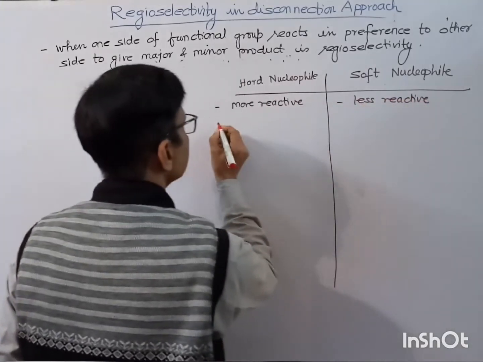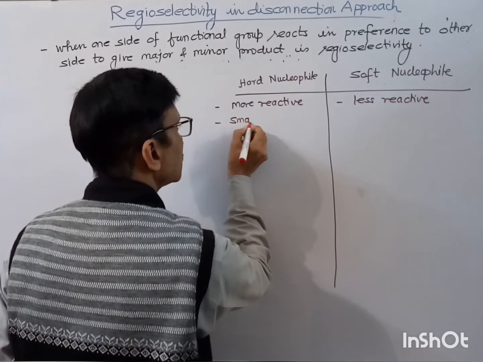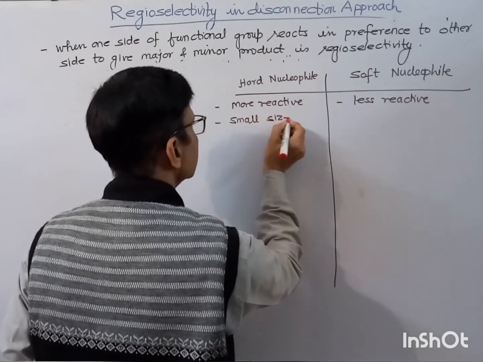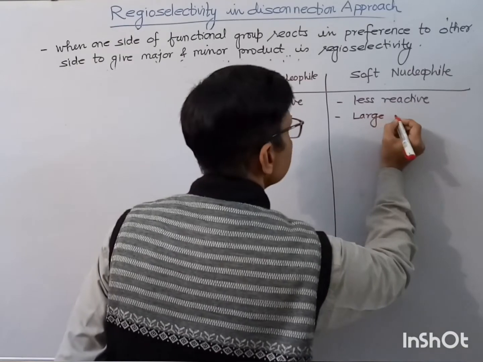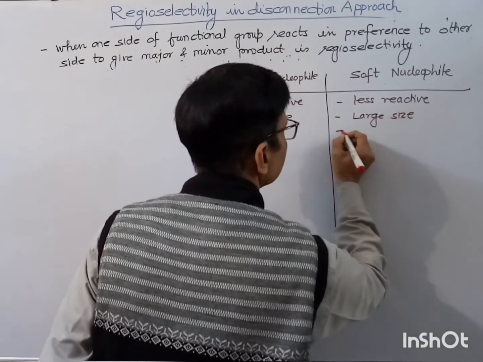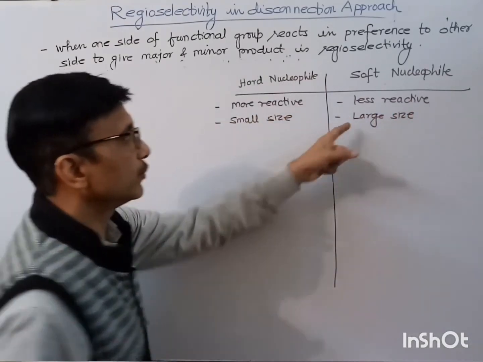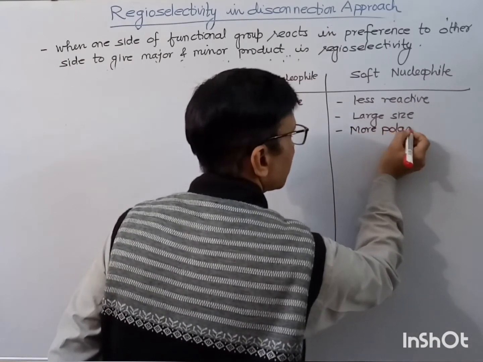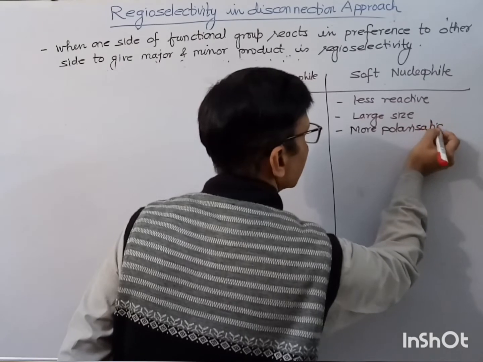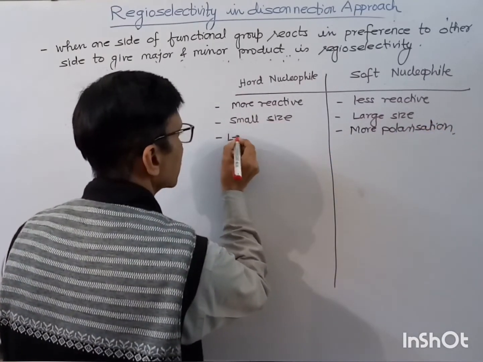The hard one is small in size, and the soft one is large in size. As it is larger in size, it will be more polarizable, and the hard one is less polarizable.